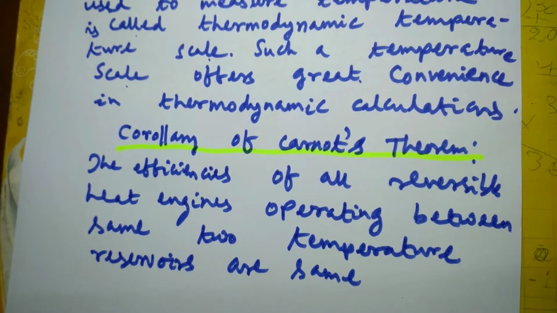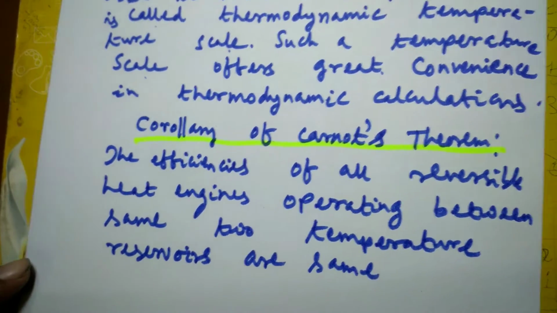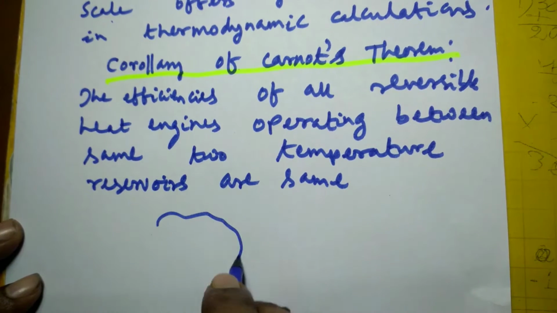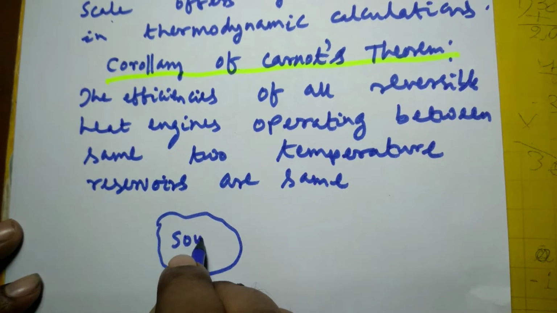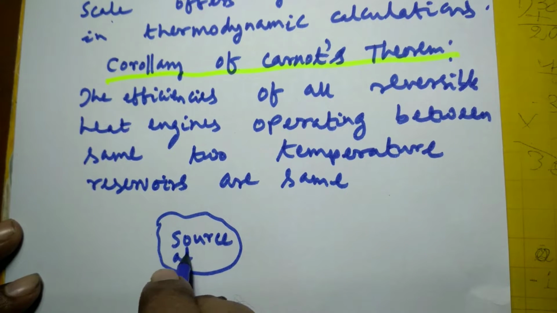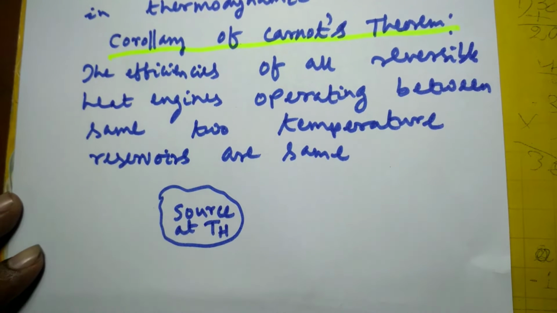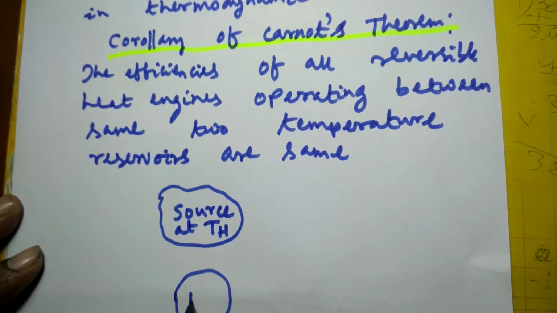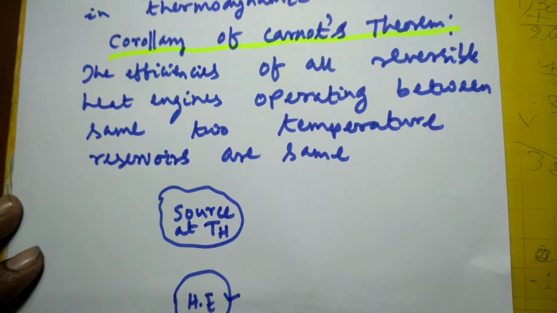So from this, what we can conclude is the following. Suppose this is a source, a high temperature reservoir at TH, and this is a sink, a low temperature reservoir at TL, and this is a heat engine, a Carnot heat engine or reversible heat engine.